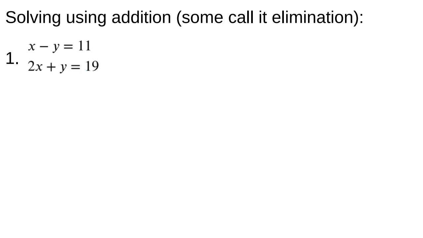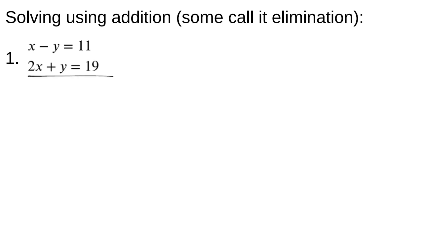This technique says, let's take these two different scales and put them on one scale. If this is equal to 11 and this is equal to 19, then all of this is the same as all of this. So we could put these guys together and they would still be balanced as long as we put these guys together. So let's just do that.